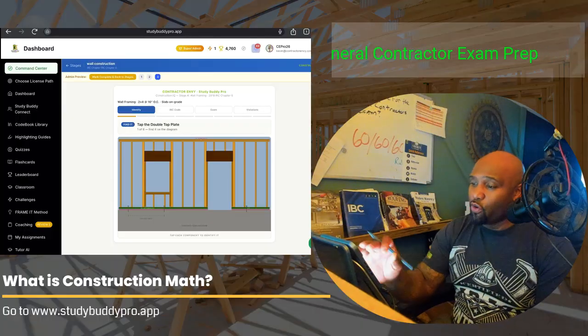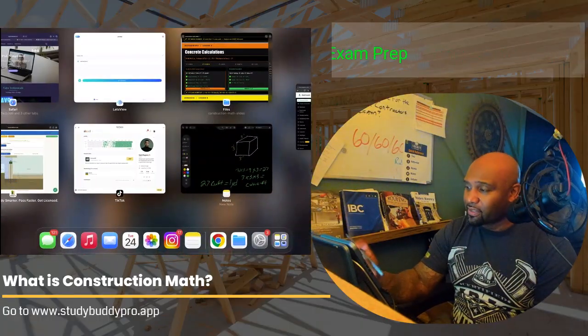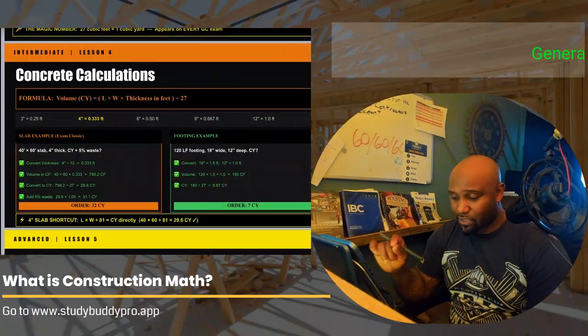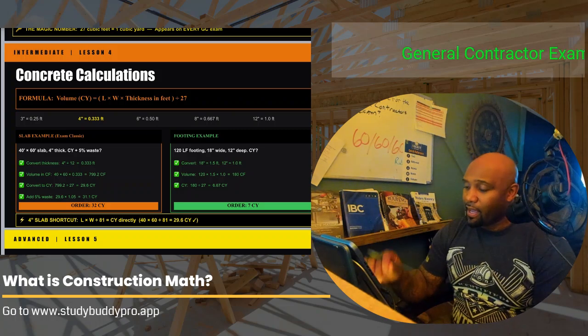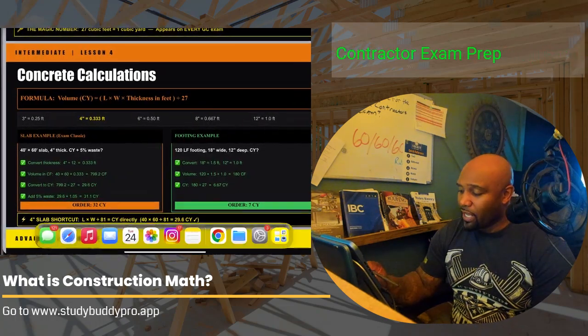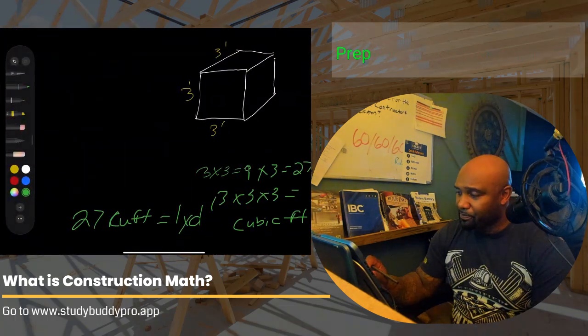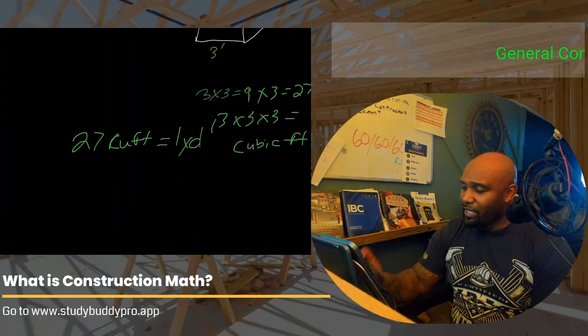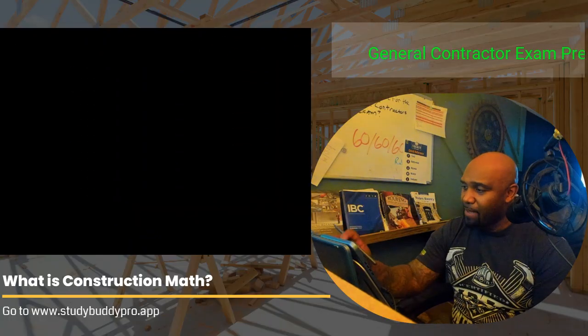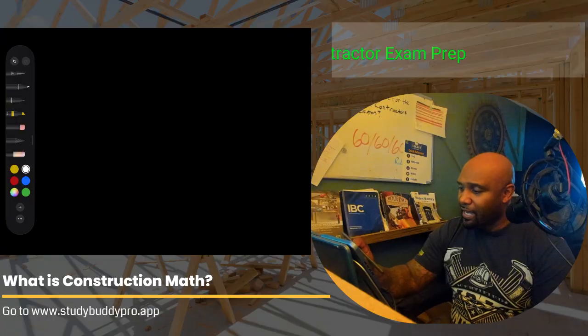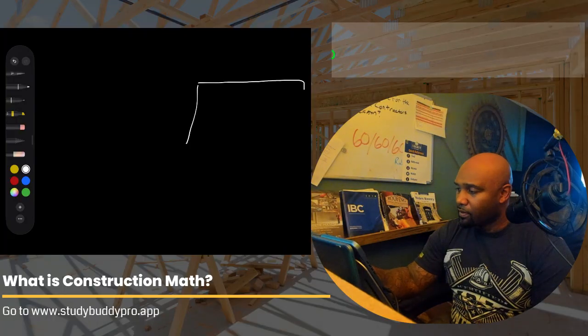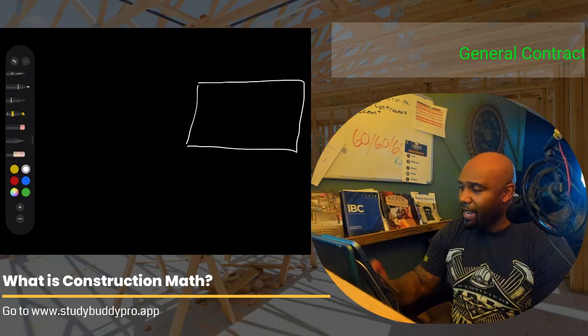Okay, so going back to the math, today we're working on concrete calculations, right? And so when we look at a problem, let's just use this as an example. I got a square. We're going to call this our slab.